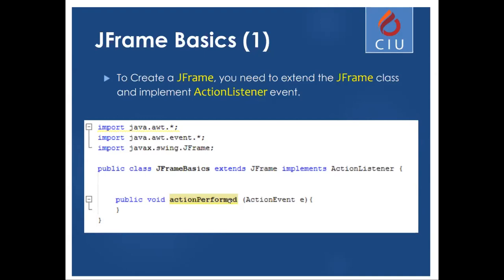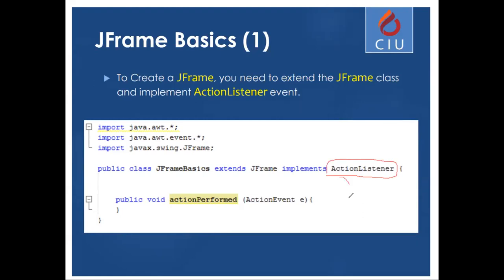To make the form alive, we will also use something called actionPerformed, which is under the interface called ActionListener. And whenever you type this, this should come up automatically. So ActionListener is the interface name.